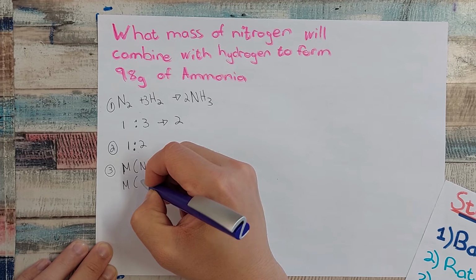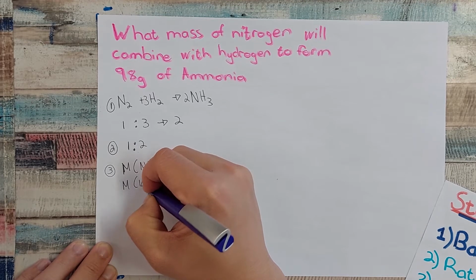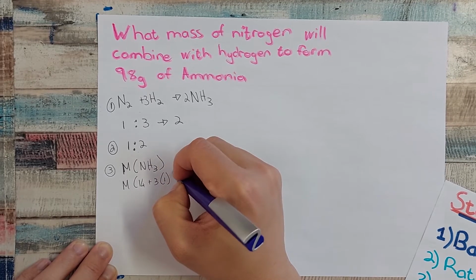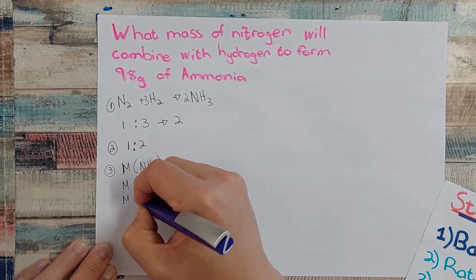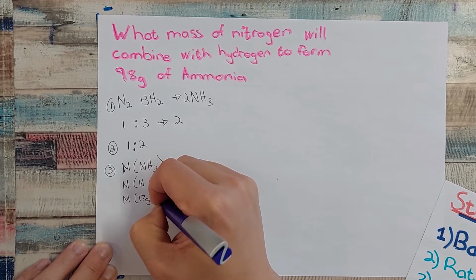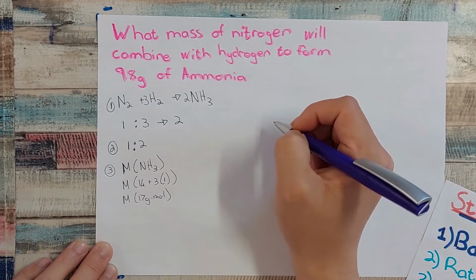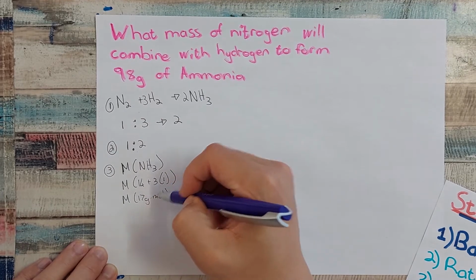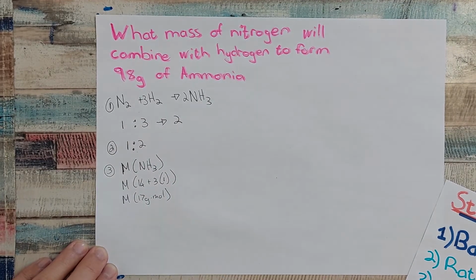It is 14. And hydrogen, 3 of them, is going to be 3 times 1, which gives me 17 g/mol. That means one of these has this, just one of them. That's all I'm looking for, my molar mass for this.